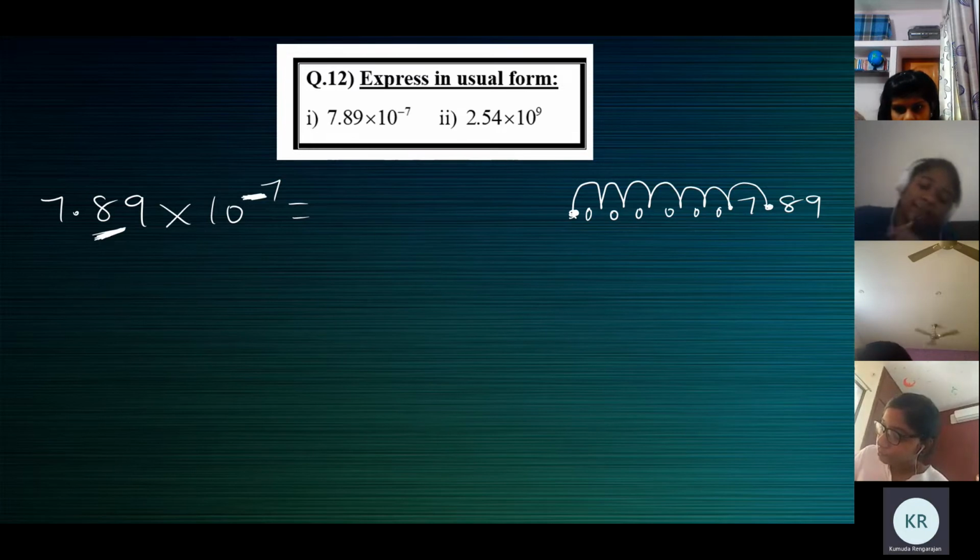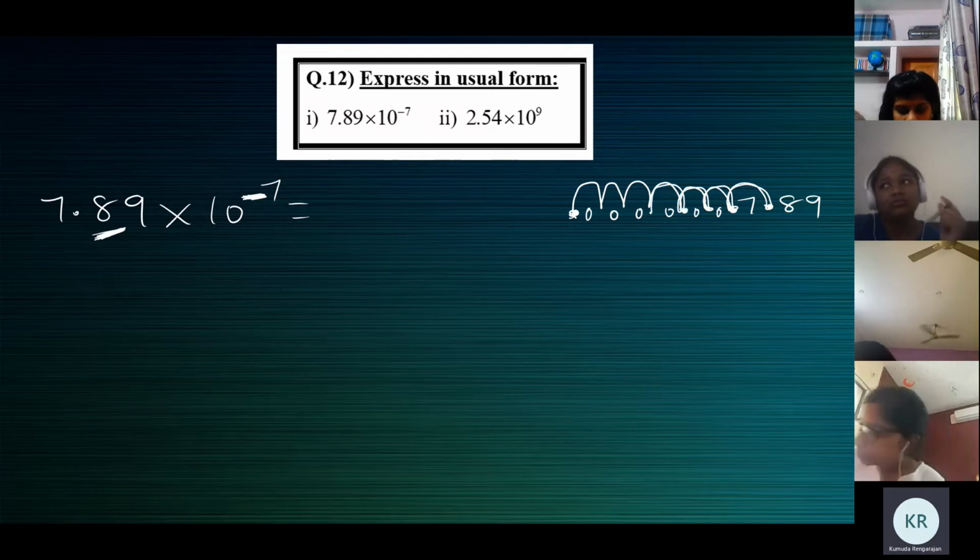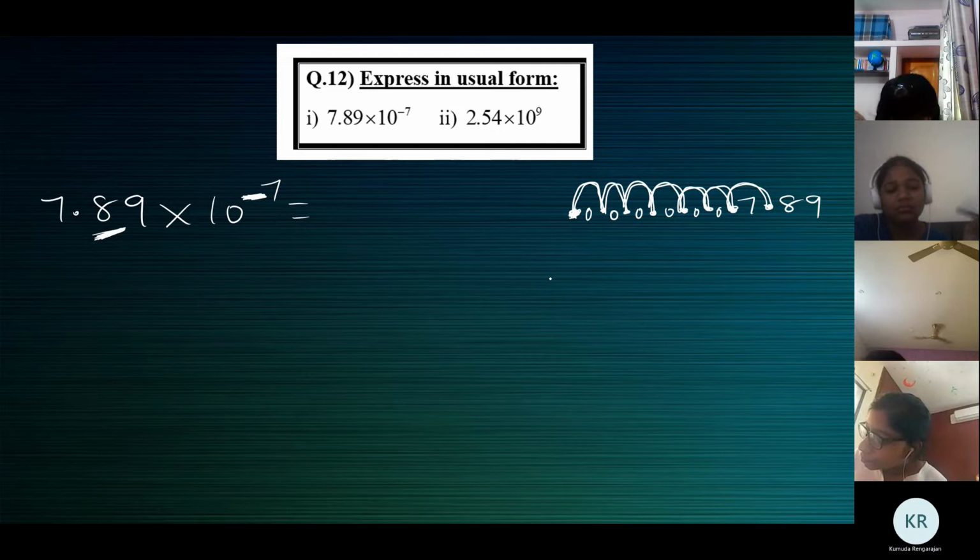I need to shift it by 7 places. 1, 2, 3, 4, the decimal point will come here. 5, 6, 7, the decimal point will come here. So it should be here. Add the zeros in all the gaps.